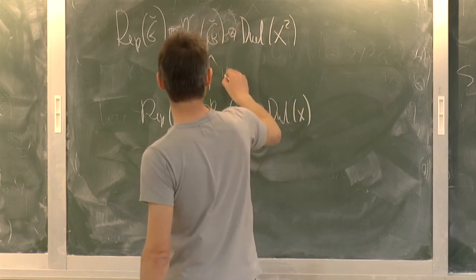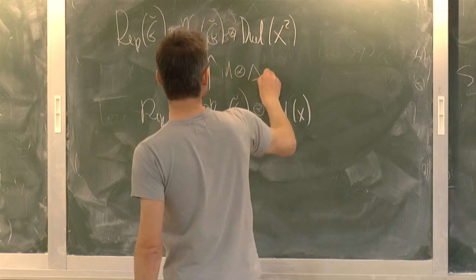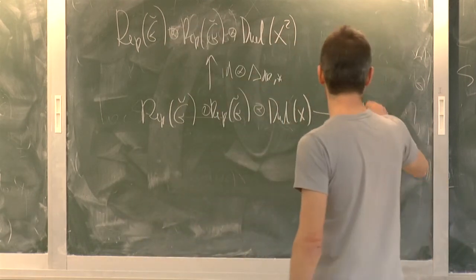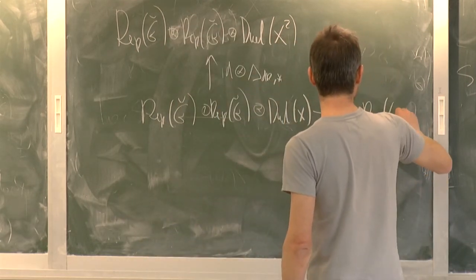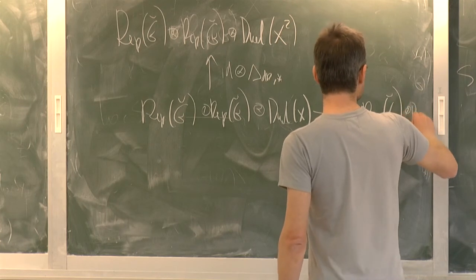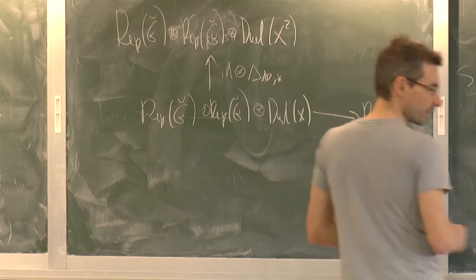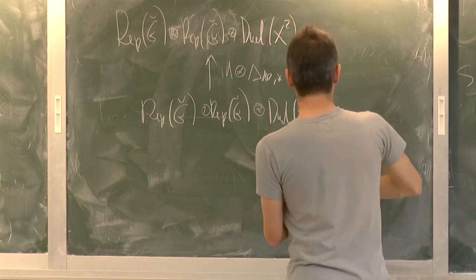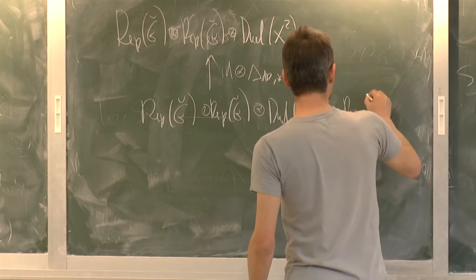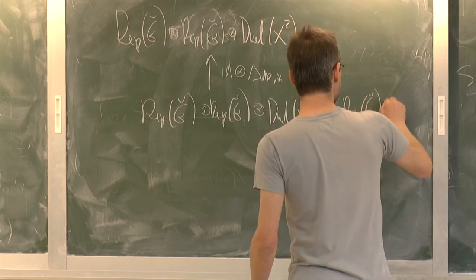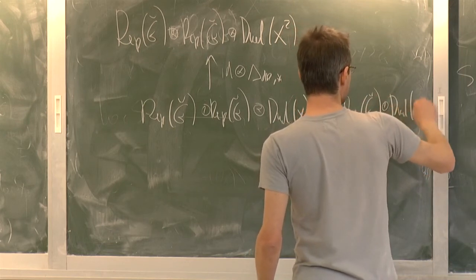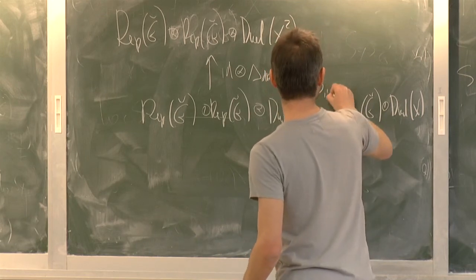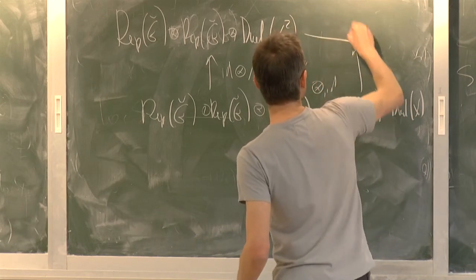The functor was identity tensor de Rham lower star, and here we had the pushout. So we had Rep G-check times D modules on X. So this was tensor product times identity, and our category here was the pushout.